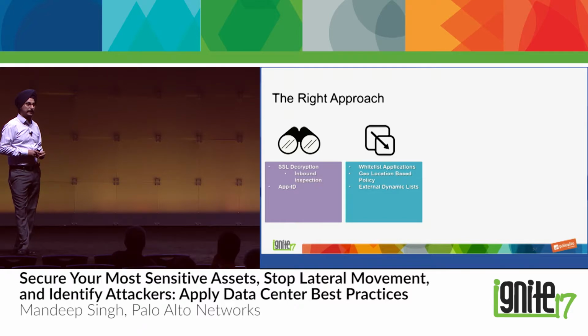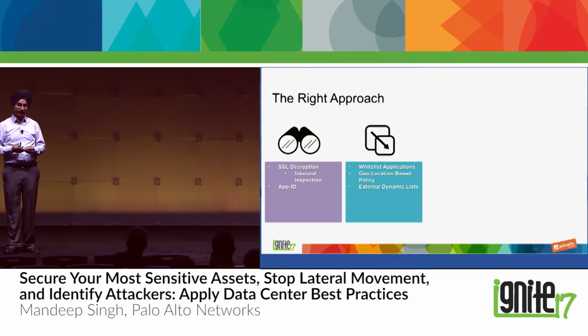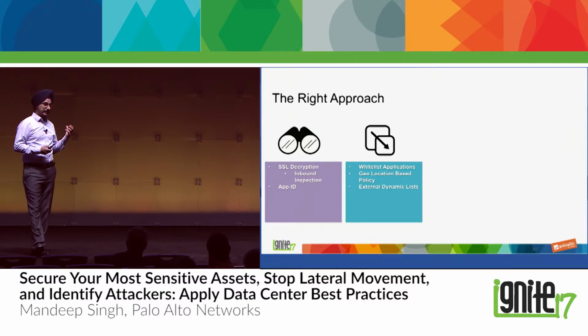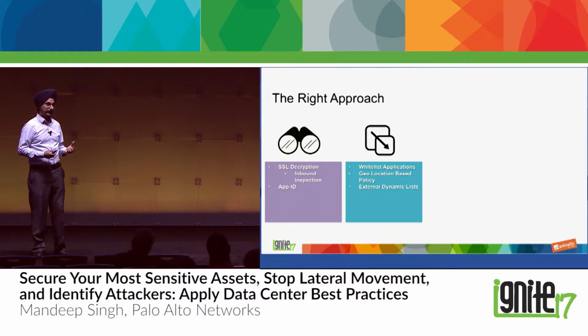External dynamic lists. We discussed this in the preceding session also. We ship these template dynamic lists that exist on the firewall that you can use directly in the policies. External dynamic list is a very strong and very flexible way of giving you source and destination-based controls.